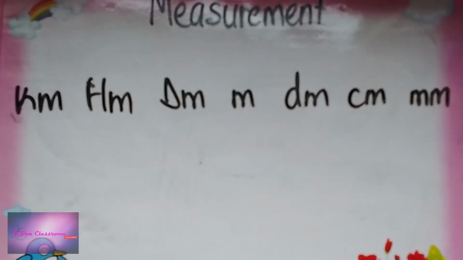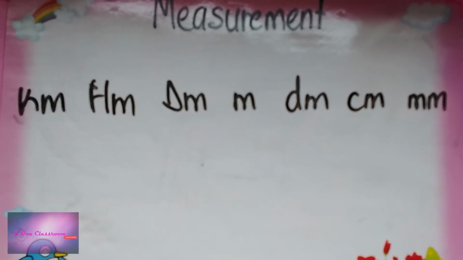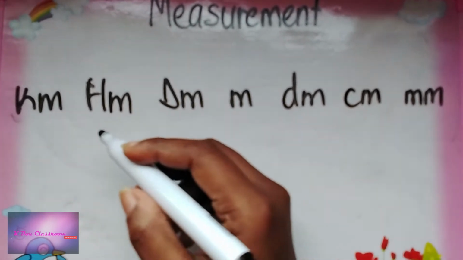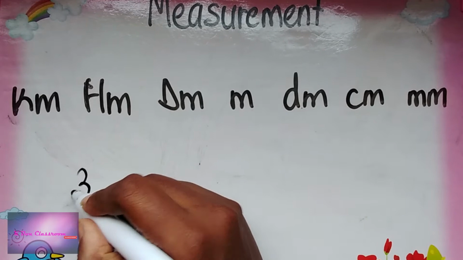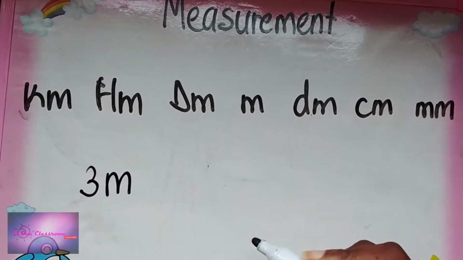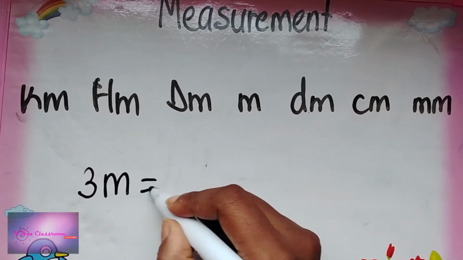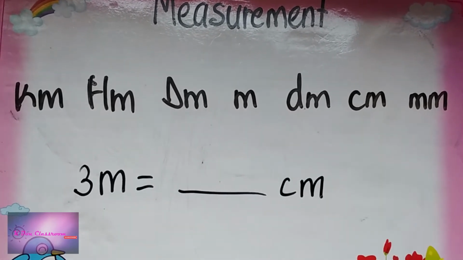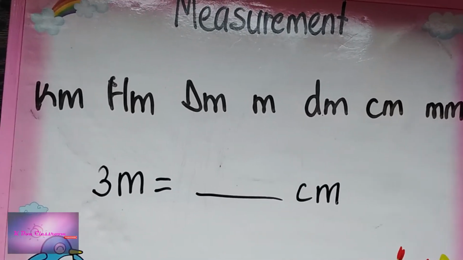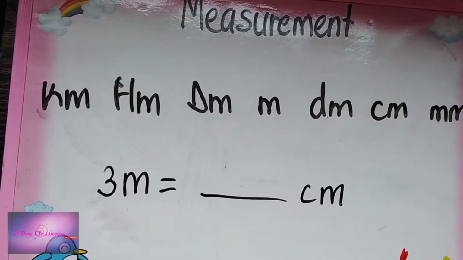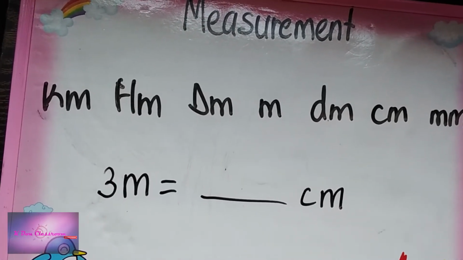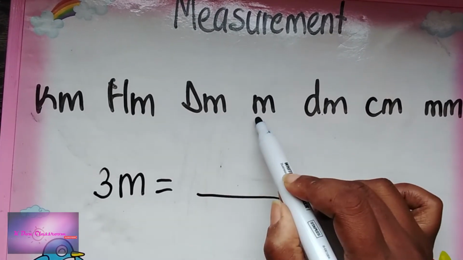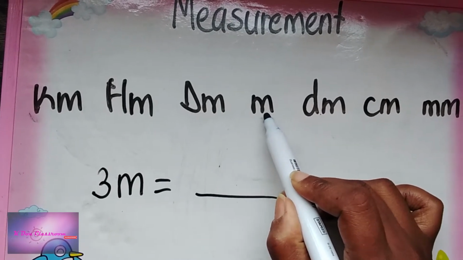So let us have a look now at how we convert from one unit to another unit. I have 3 meters and I want to convert 3 meters to centimeters. On my table, I can see where meters is. So I know that this is my starting point.